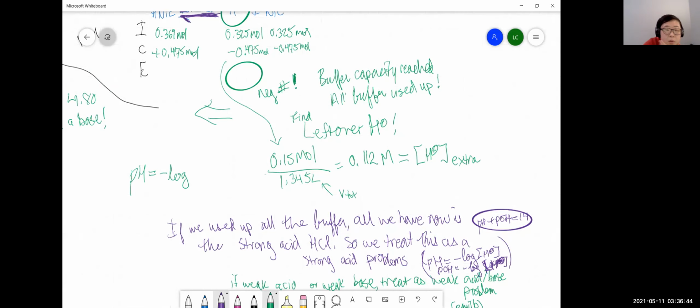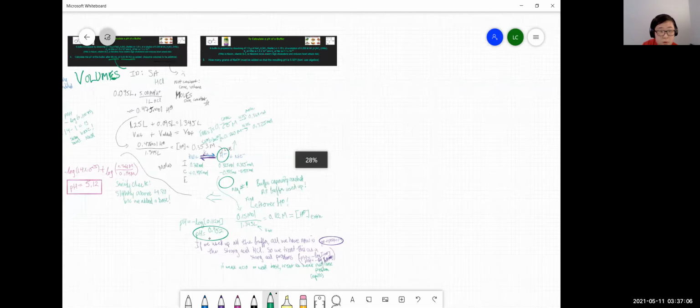Here, this is negative log of H+, which is 0.112 molar. And so we get the pH to be equal to 0.952. And so if we do a sanity check on this, I'm sorry, I'm like freezing up.